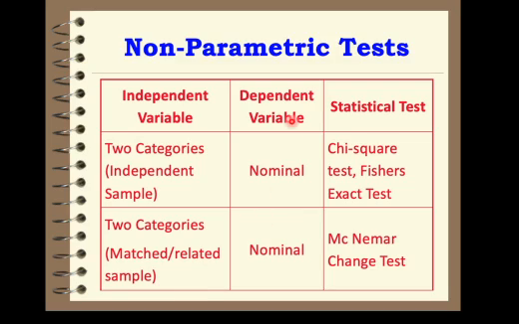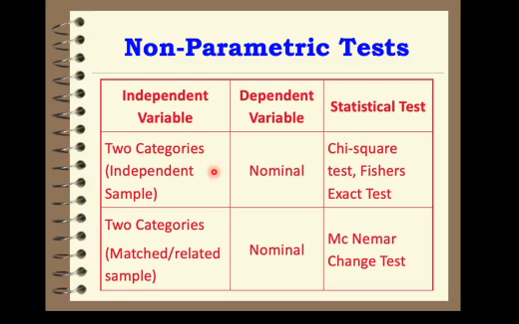So if we have an independent variable with two categories that are independent of each other, meaning these two categories are independent, for example, smoking status, smoker and non-smoker, they are independent of each other.